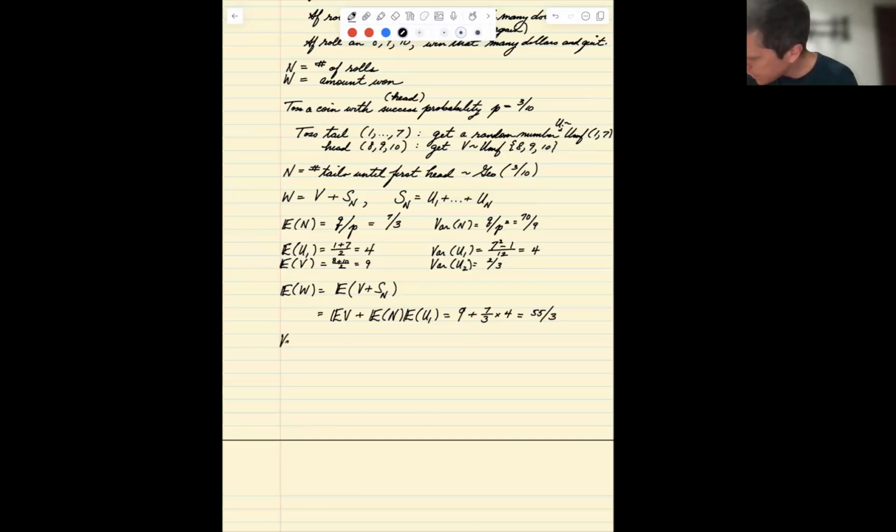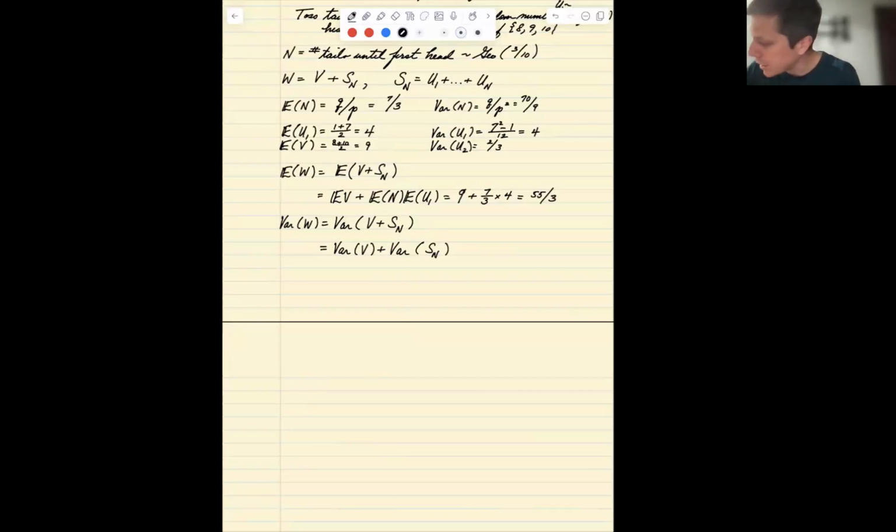And the variance, which is the variance of V plus S_N. Well, V and S_N are independent, so it's the variance of V plus the variance of S_N. And now we can just use the formula we already know, right? The variance of V, oh, I'm sorry, this should be the variance of V, not variance of U2.